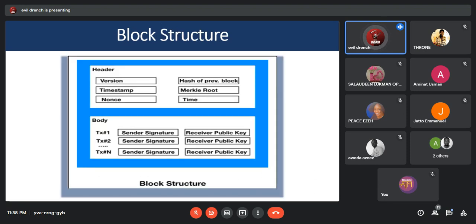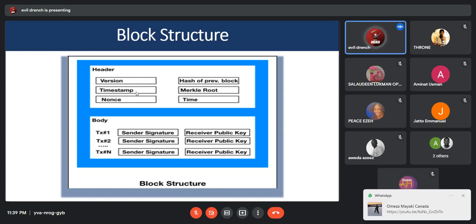So this is the structure of a block. This is the header version, which I said earlier is a 4-byte field used to track the version or protocol of this particular block.